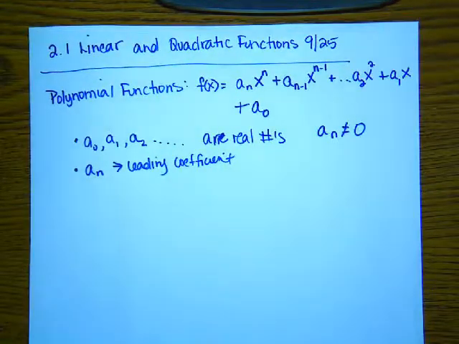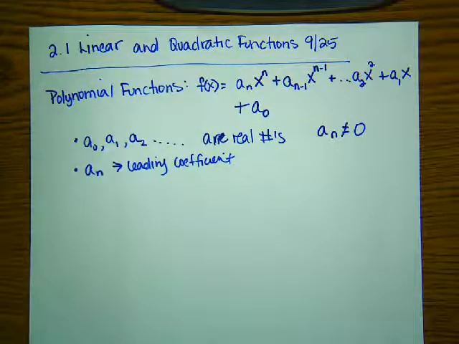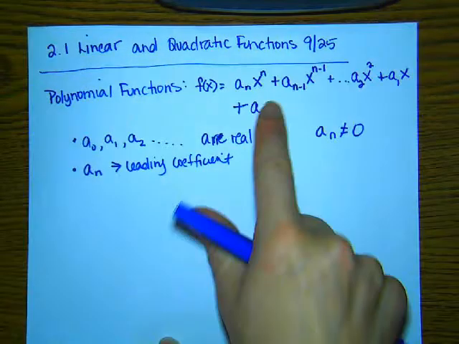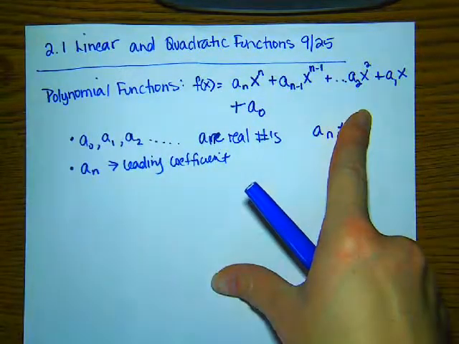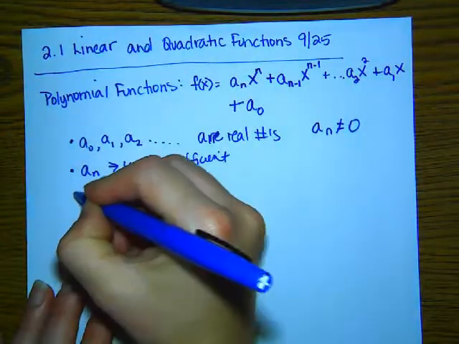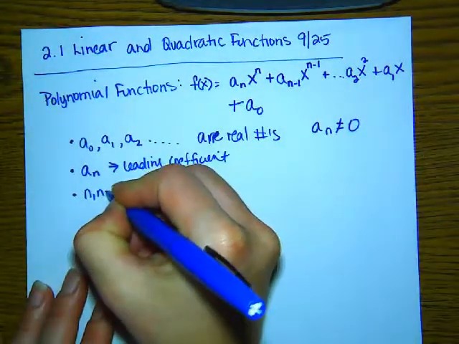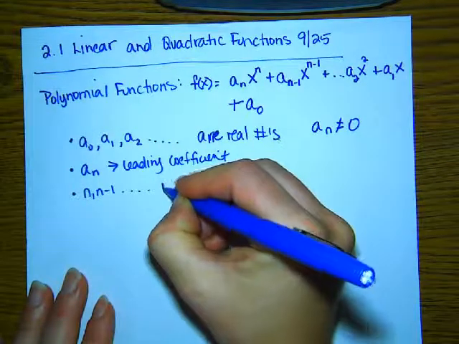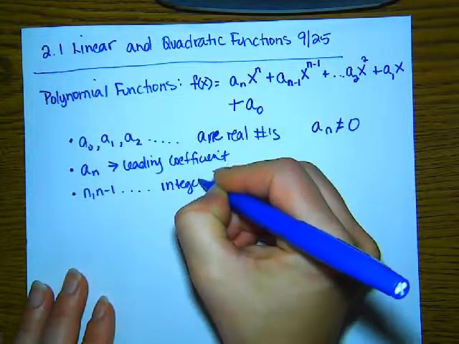Okay, and then if you're noticing that when I'm talking about n, these powers, these n values, n, n minus 1, and so on, they need to be integer powers.